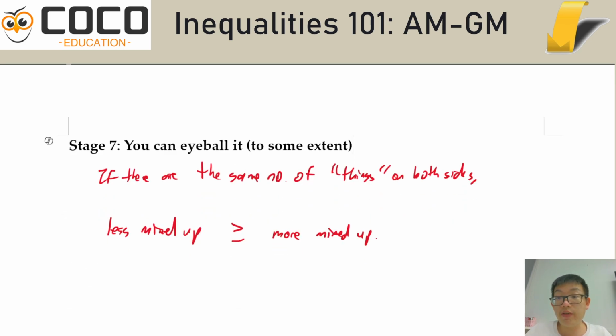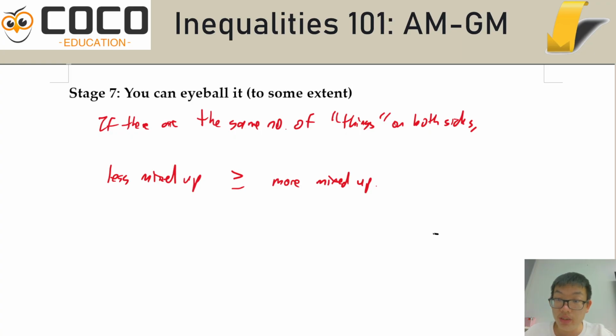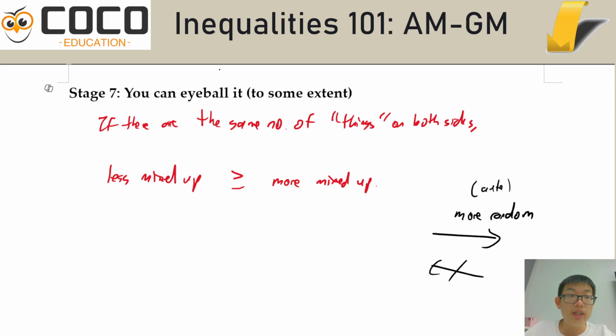Things move in the direction of more randomness. And this is so-called automatic, and it doesn't go in the direction of being less random, or rather, it needs an input of energy to do that.